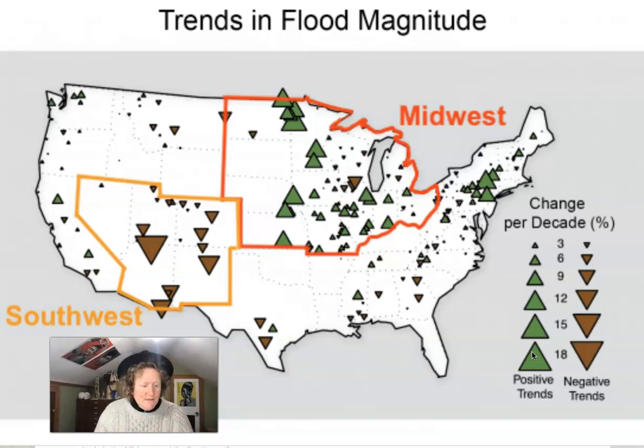That makes sense. The more water you put in something, the closer it is to flooding. The Southwest is on the other end of things. There's less rain, there's less water around, and there's less chance that it's going to flood. And we see that on this particular map as the brown triangles here in the Southwest region.